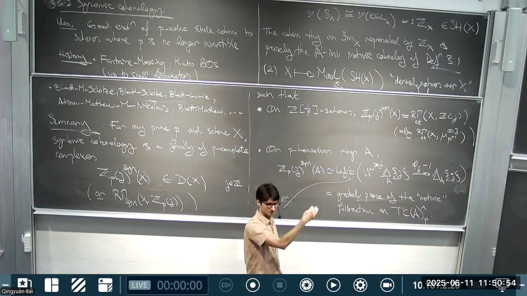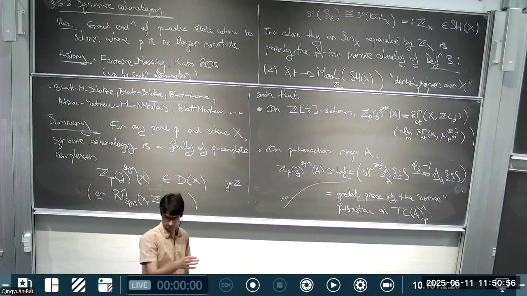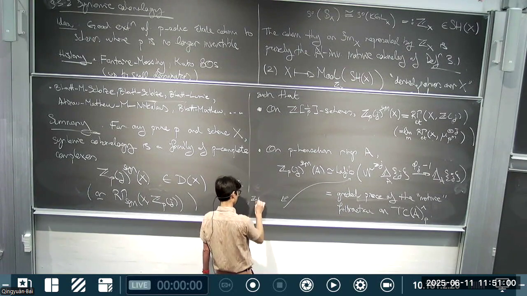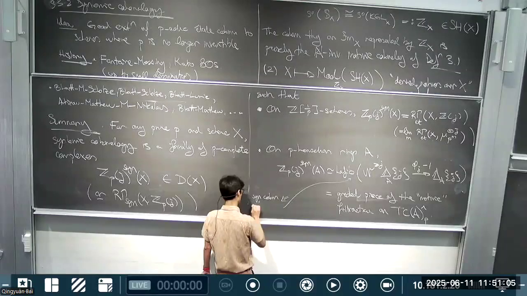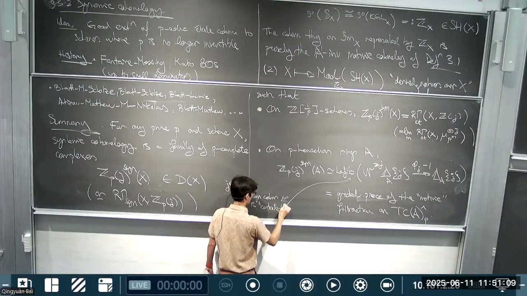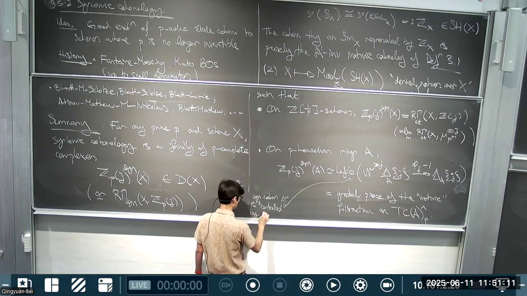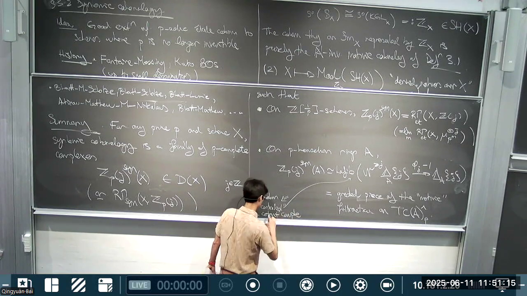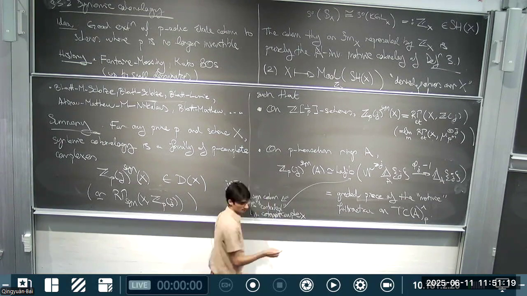So the first term dimension theory for FP schemes. And what this tells you is that in this context, the syntomic cohomology is controlled, in some loose sense, by the cotangent complex.